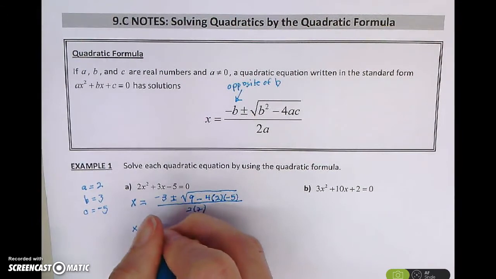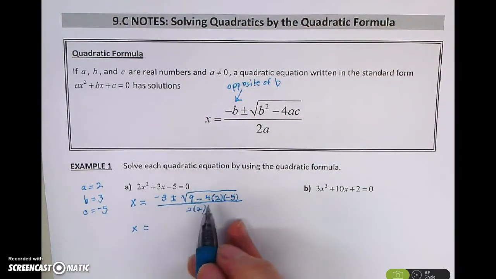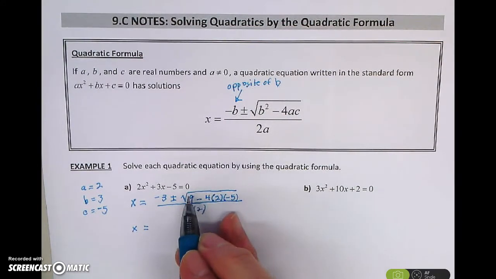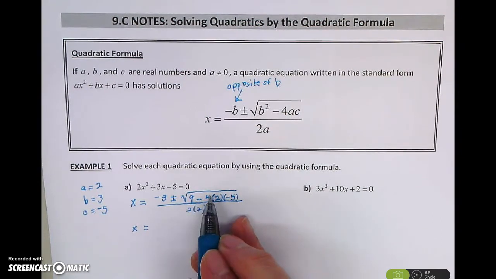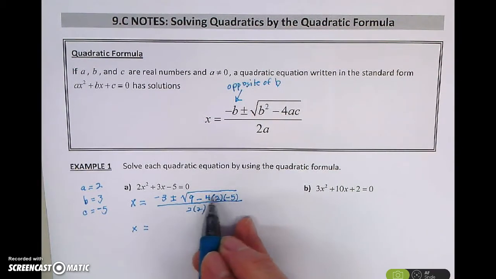So we want to begin by simplifying. So when we simplify, we're going to need to use PEMDAS, and we're going to start with the inside of our radical. And inside of here we have 9 subtract 4 times 2 times negative 5. So we need to do our multiplication first, and it's going to be important.